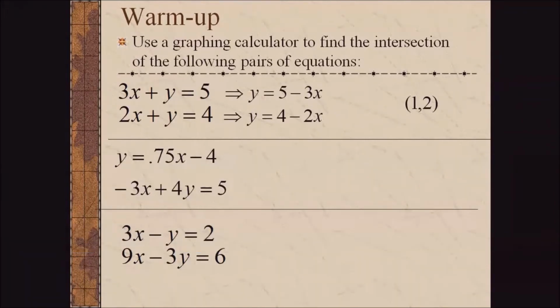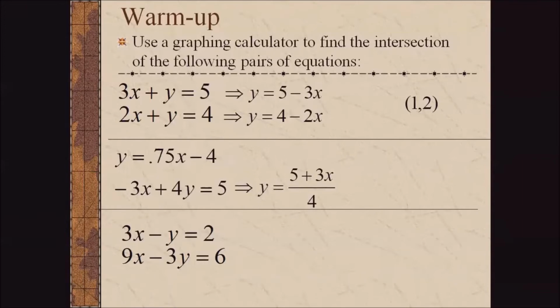For the next pair of equations, the first equation is already in a form that the graphing calculator can handle, 0.75x minus 4. But the second equation needs to be changed so that y is by itself. We need to add 3x to both sides and then divide by 4. This will give us the equation y equals 5 plus 3x all divided by 4.